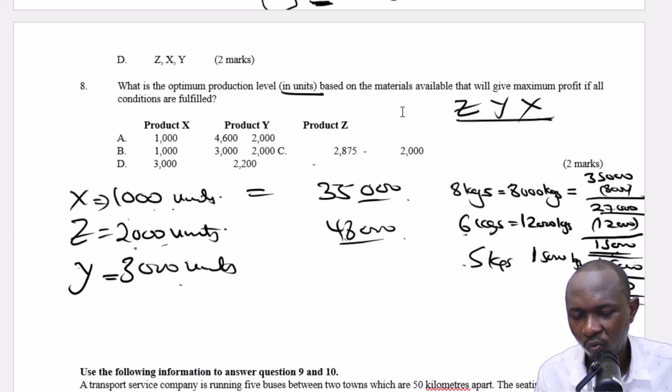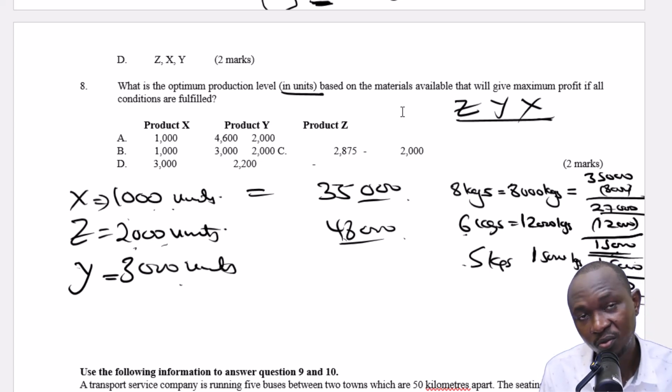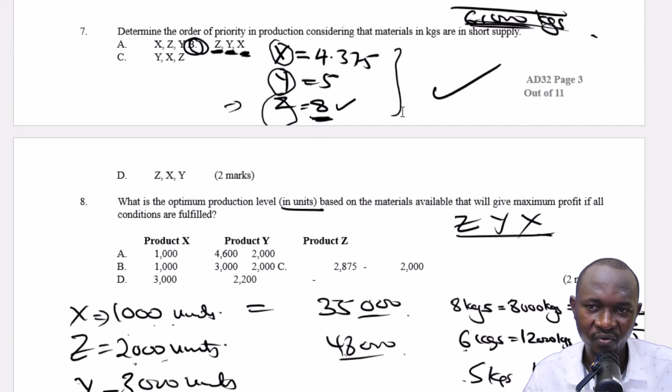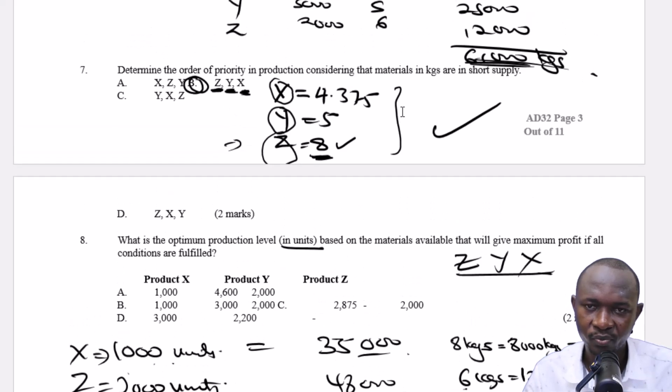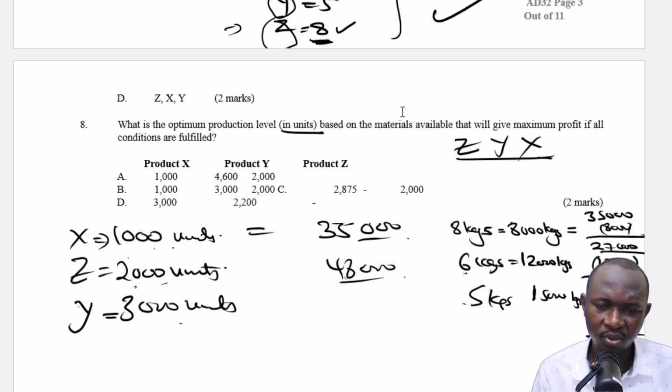Then we will produce 3,000 units of Y at 5 kgs per unit, which means we are going to spend 15,000 kgs, and that will basically finish the entire 15,000 kgs that we have for production. So this is how we are going to produce.